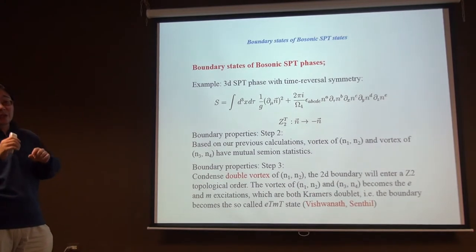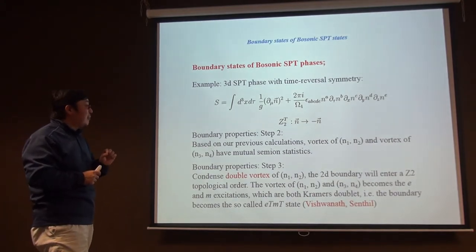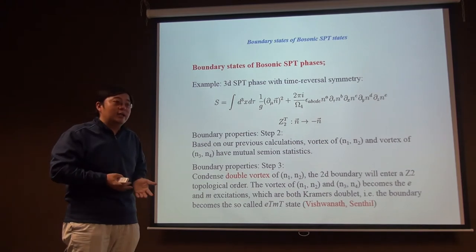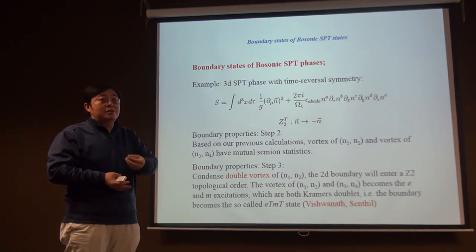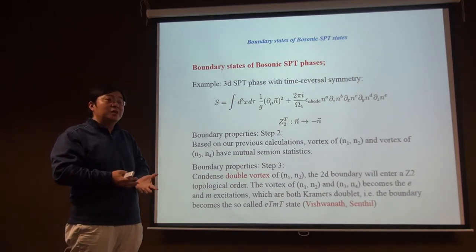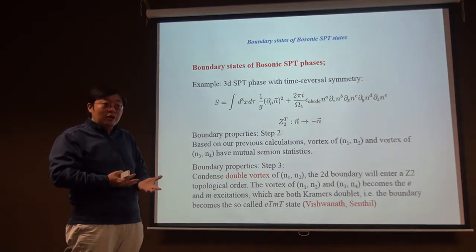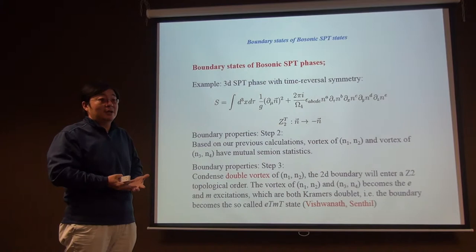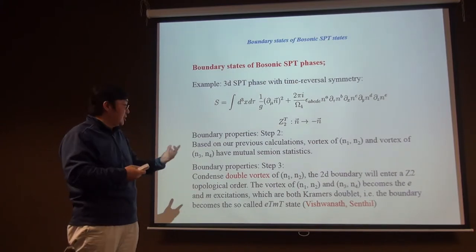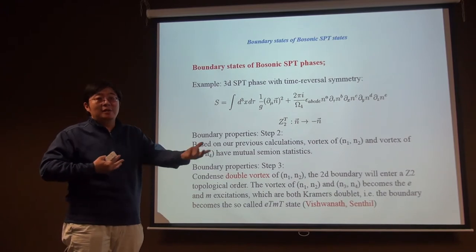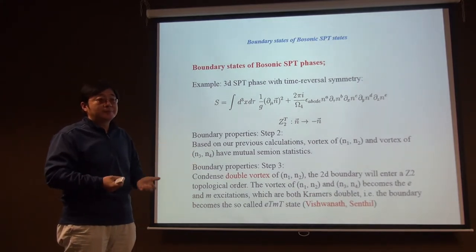The specific step is to condense a double vortex, because a single vortex is a Kramers doublet. If you condense a single vortex, you're going to break time reversal symmetry. But a condensed double vortex will not break time reversal symmetry. So you condense the double vortex, you drive the system into a Z2 topological order, and the single vortex will survive as the E and M excitation of the Z2 topological order.